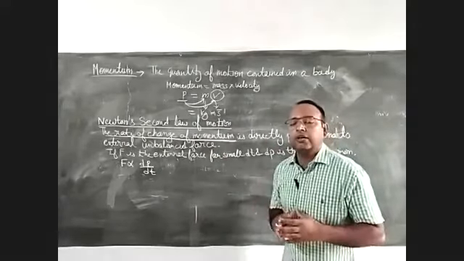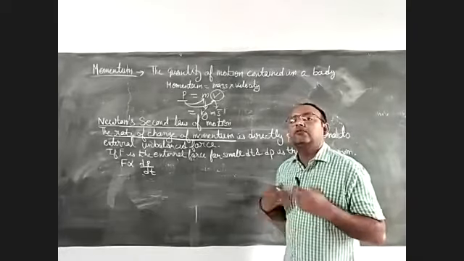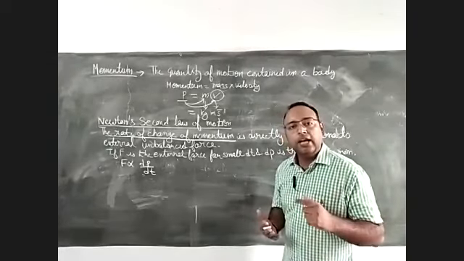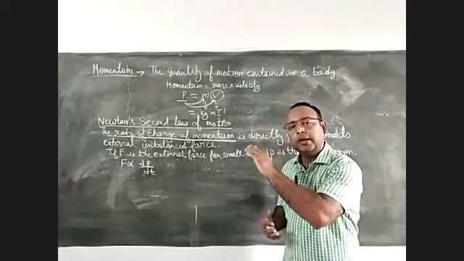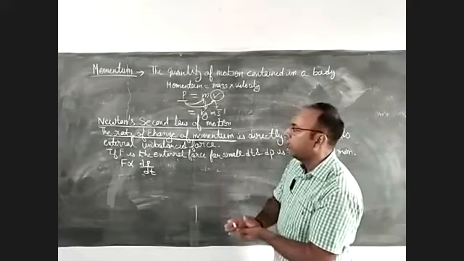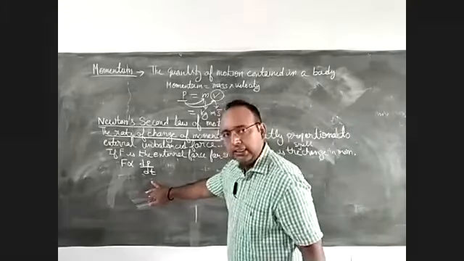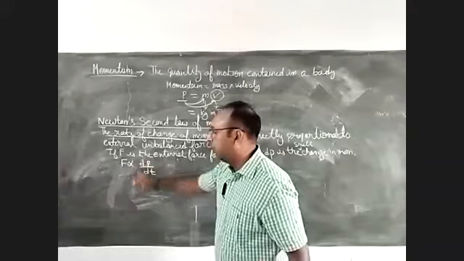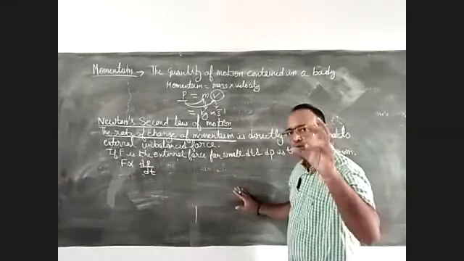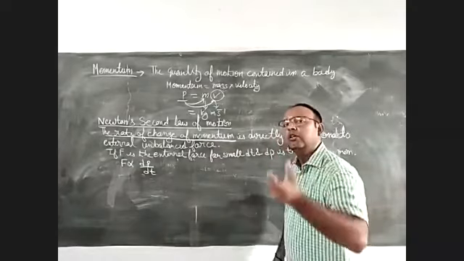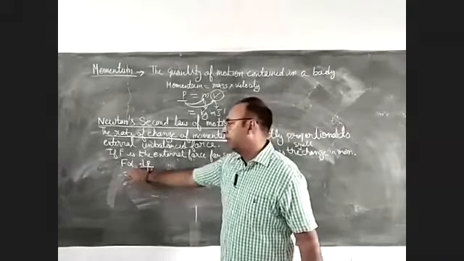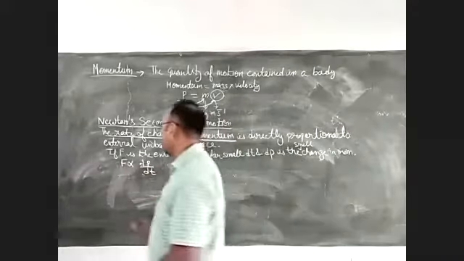Like we have done in chapter 8 motion, rate of change of velocity is acceleration, so we write v minus u upon t, that is final velocity minus initial velocity upon time. Same way we can also divide by dt. Momentum dp is the change in momentum, which I calculated with the example I showed you, that 0.75 is the small momentum change, divided by time. So rate of change of momentum is directly proportional to the external force applied.